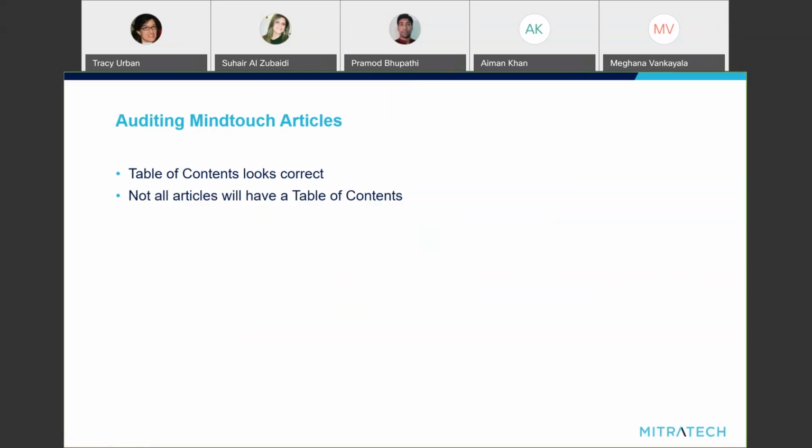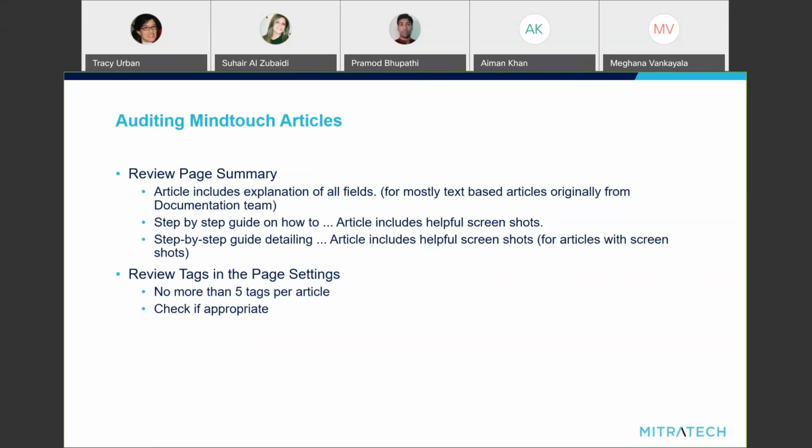Sometimes if you have too many spaces, you could actually get the table of contents looking funny. Okay, and additionally, at the top of the articles, you can review the page summary. And in the page summary, we can further summarize some of the articles.